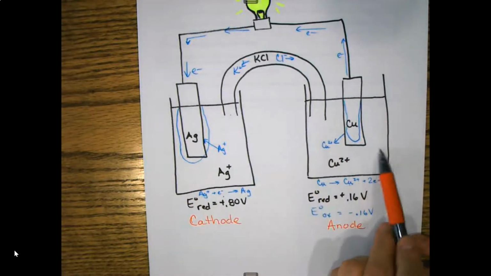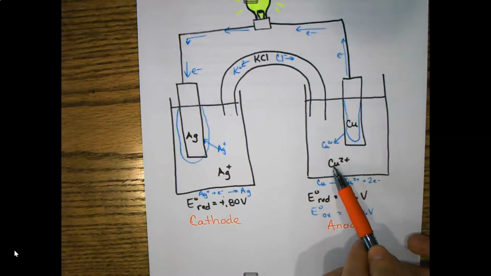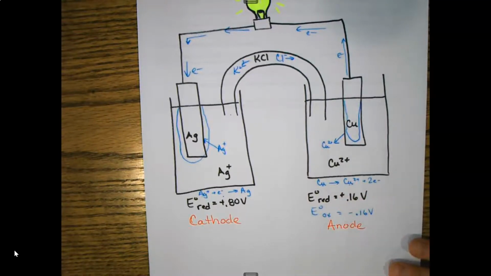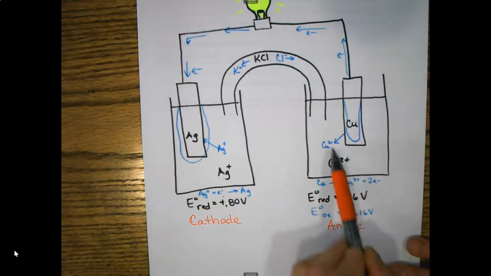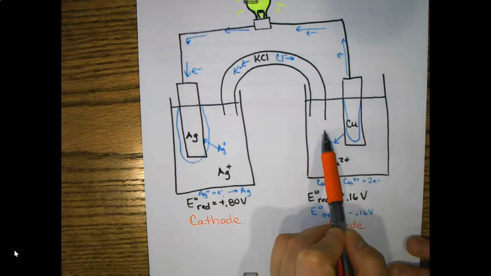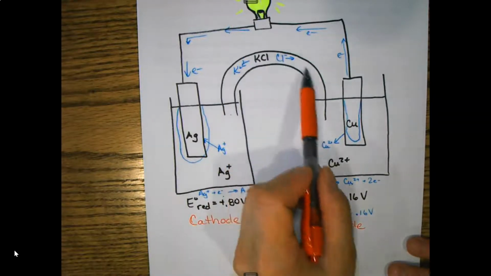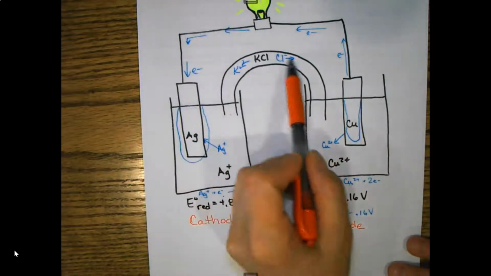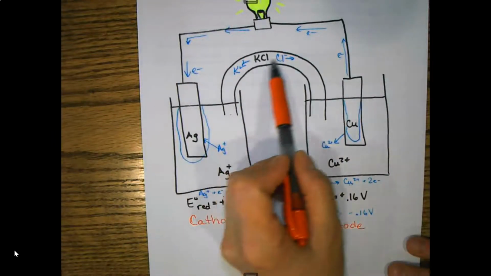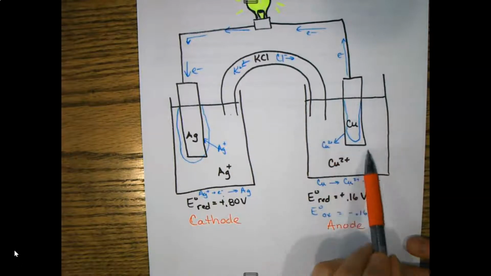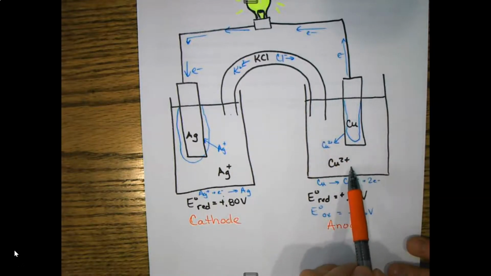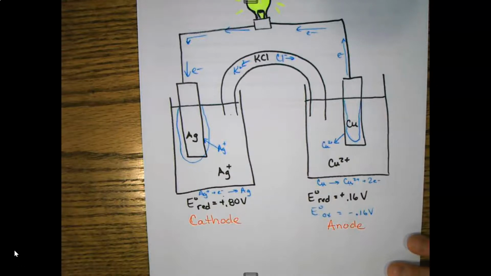Because remember, there's some other anion in here along with the copper ions. We just don't worry about it because it's a spectator ion. So that's why chloride is going to migrate this way. Not only does it help maintain the negative circuits, but it also maintains electric neutrality inside the anode half cell.